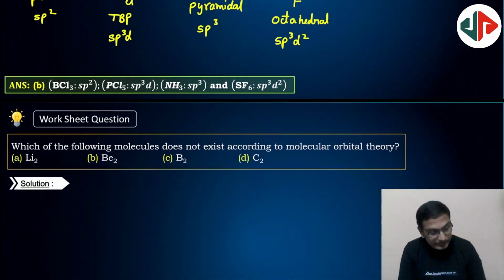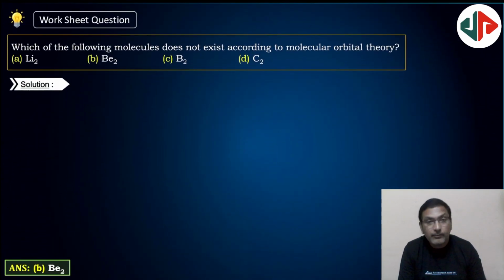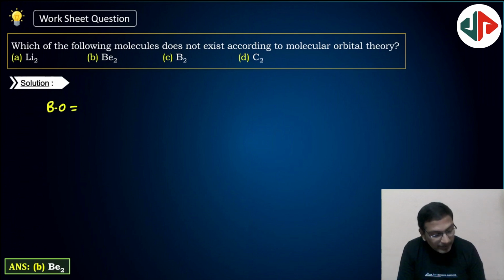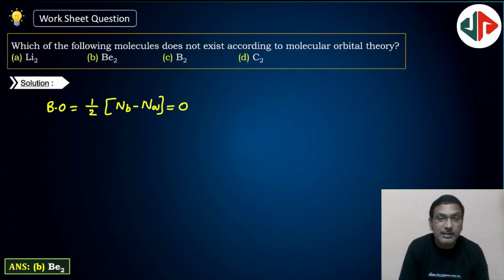Next, which of the following molecules does not exist according to molecular orbital theory? So molecule does not exist means bond order will be half into number of bonding electrons minus number of anti-bonding electrons will be equal to 0. Does not exist.